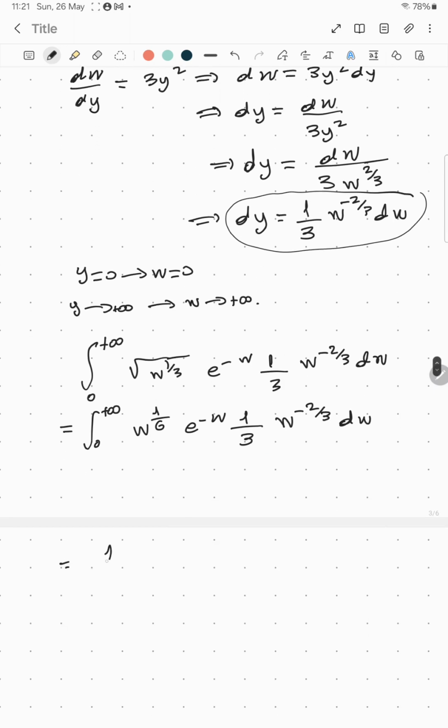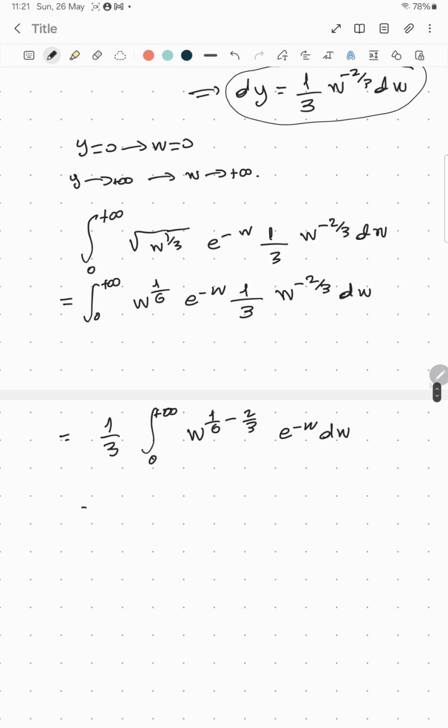I can pull this out because it's just a constant and does not depend on the variable w, and I have the integral from 0 to infinity of w to 1/6 minus 2/3. Here I apply the laws of indices, e to the minus w dw.